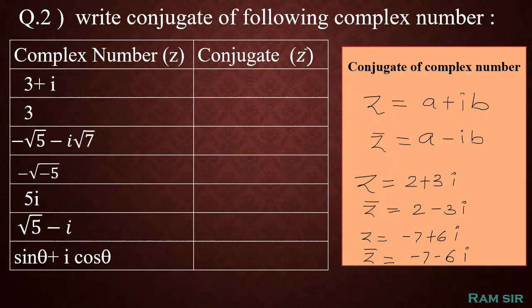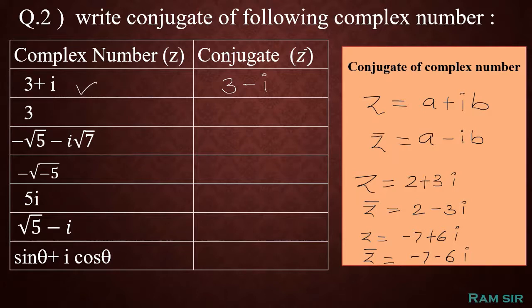These are some questions given in the textbook and we have to write their conjugates. The conjugate of the first one, which is 3 plus i, we will write as 3 minus i. Only change the sign of the imaginary part.